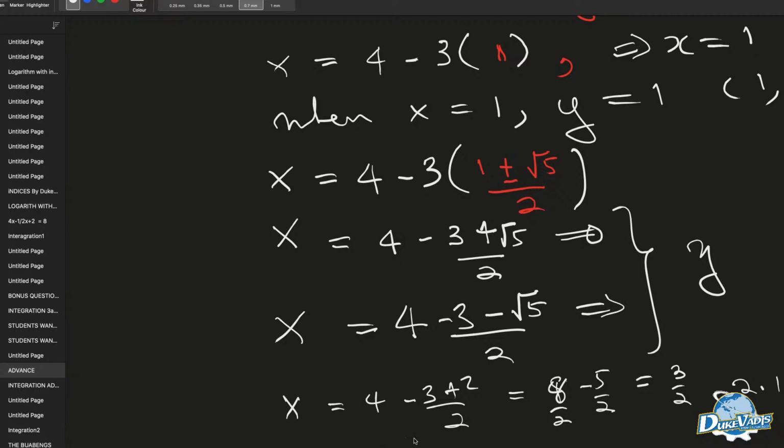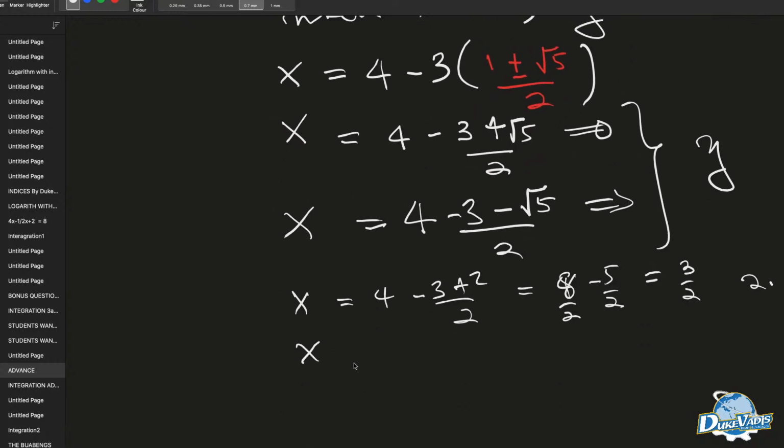And the other one is also going to be 4 minus 3 minus 2 all over 2.